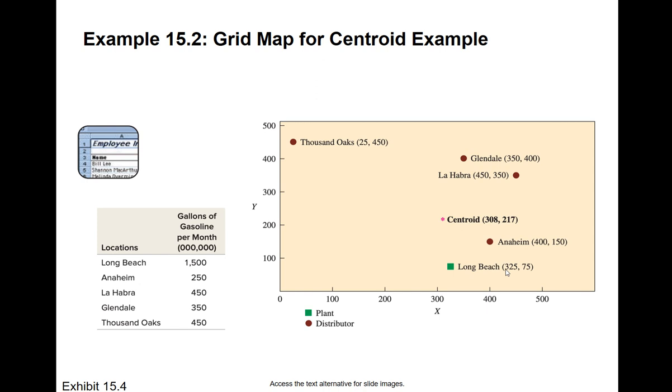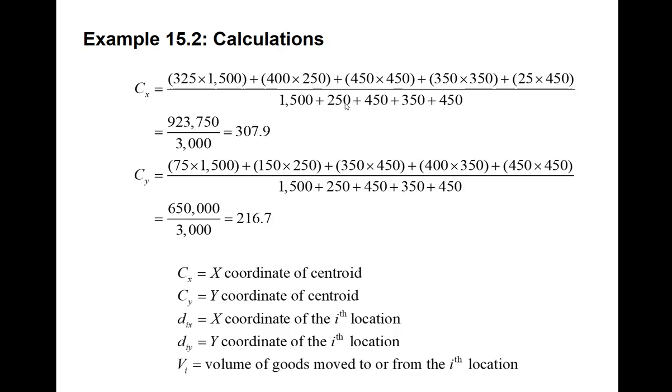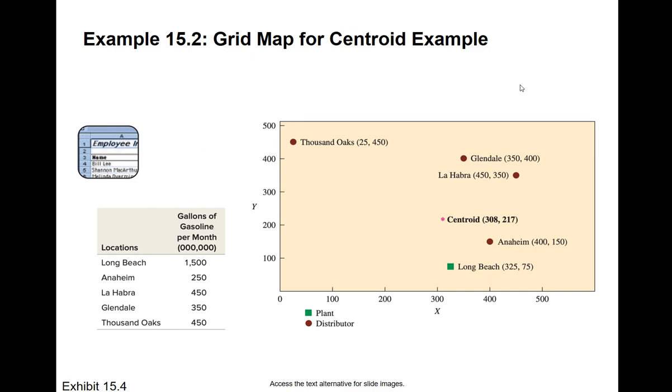So we use 325 times 1,500, and for this location the x value is 400 and the value of goods is 250. So we have 400 times 250, and so on for the other three locations.